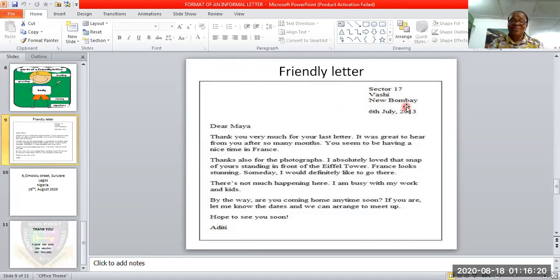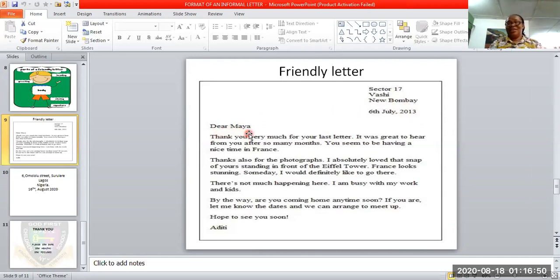Once you intend to write to your friend, you become the writer. Your friend becomes the receiver of your letter. You are the writer, your friend is the receiver. So, because you are the writer, you have to write your own address and date. You can see date over here. Beautiful. Then you can see there Maya.